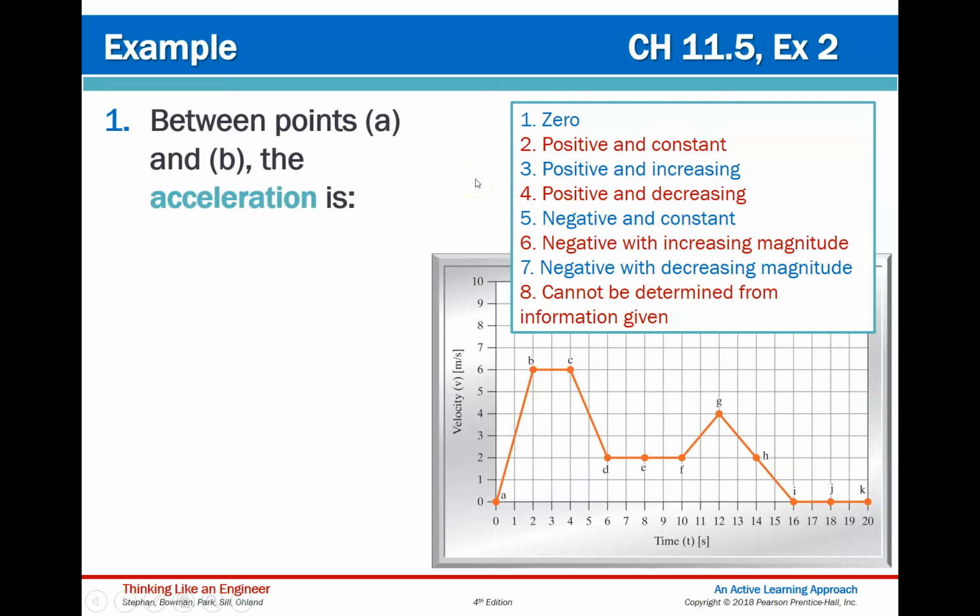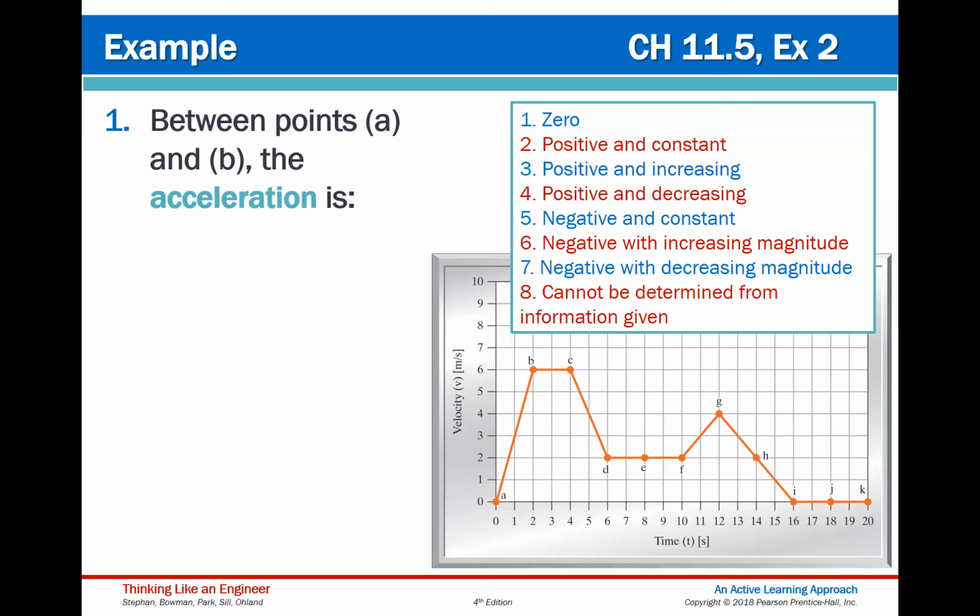If we had a question about acceleration between points A and B, and reminding ourselves that for a velocity graph, acceleration's the slope of the line, right? What can we say about the slope of the line between A and B? Positive and constant. It is indeed positive and constant, right?